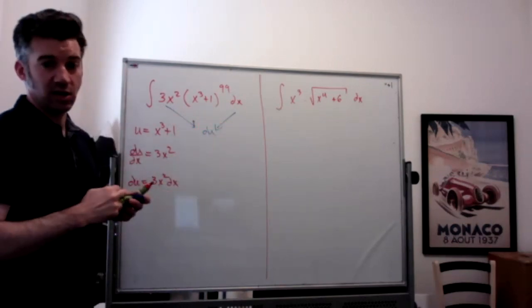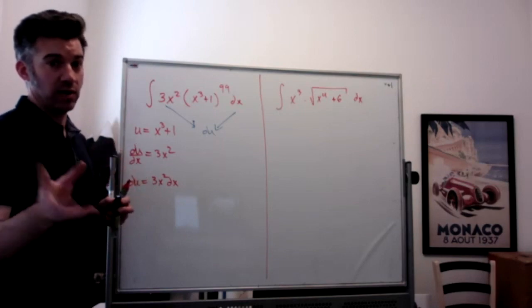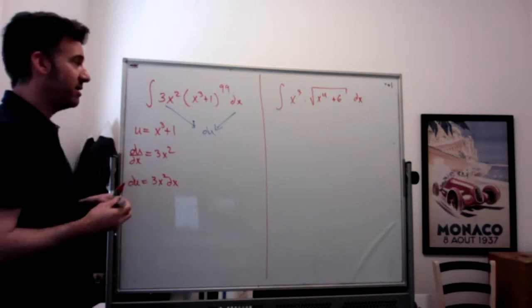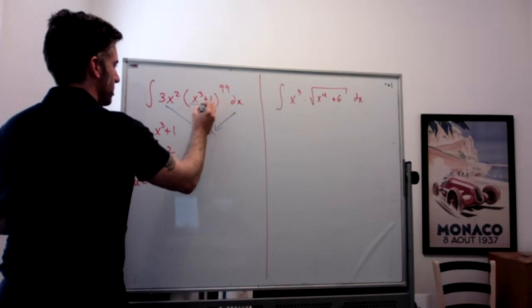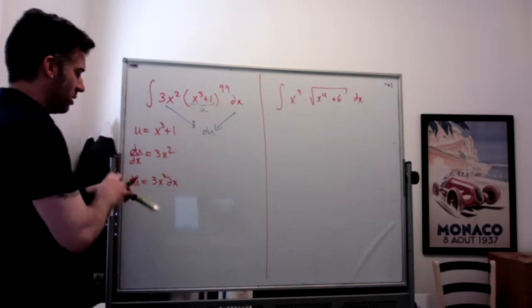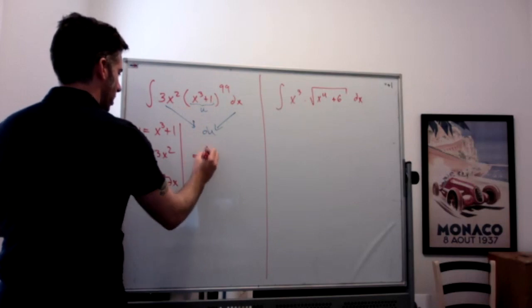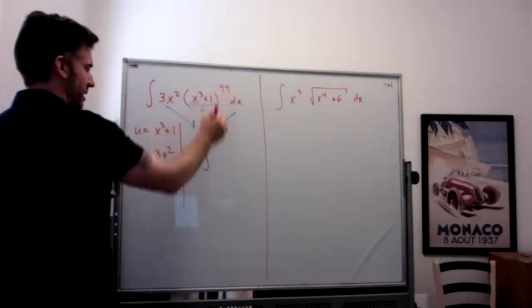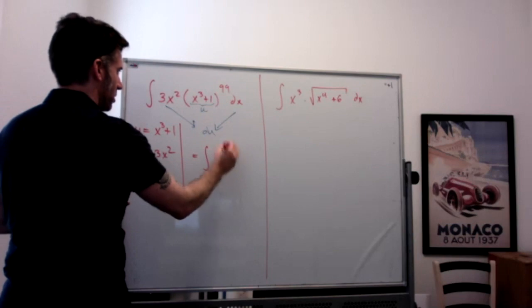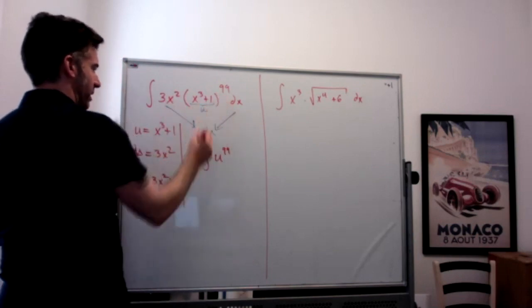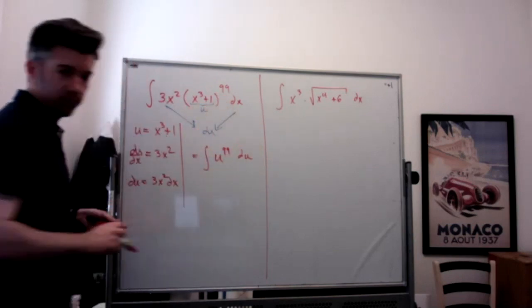It's really a good idea to take care of making sure you see where du is coming from first, and then deal with the rest. And then this is our u. So our integral becomes the integral of u to the 99th power times du, right? Because all of that is taken up with the du.